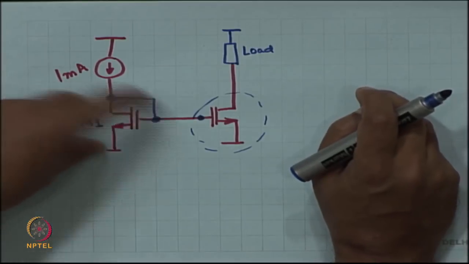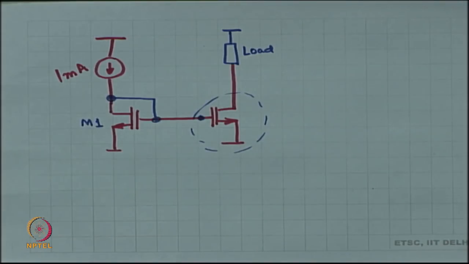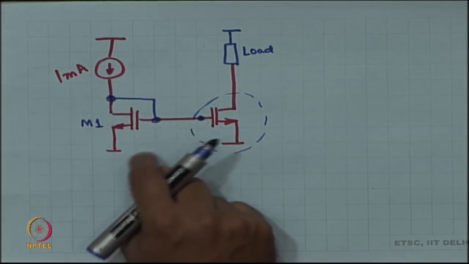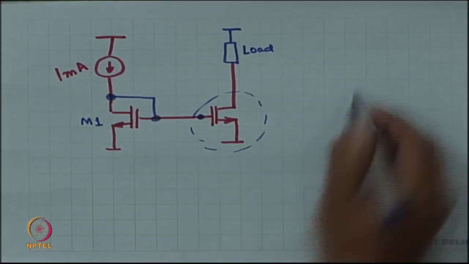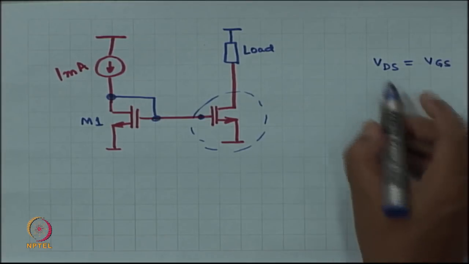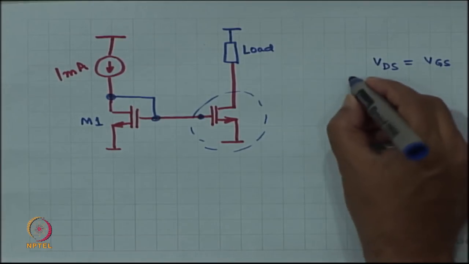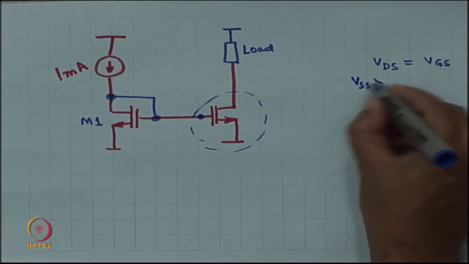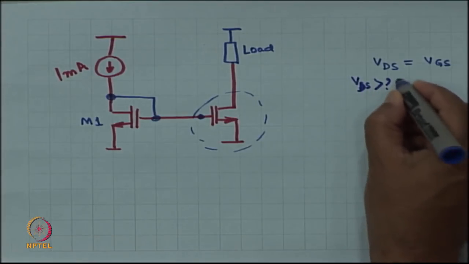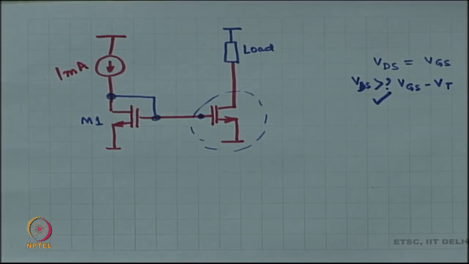VDS of M1 is equal to VGS of M1. VDS is equal to VGS, and this automatically means that this device M1, right, this automatically means VDS is greater than VGS minus VT. The answer is yes, because VT is some positive voltage, and if VDS is equal to VGS, then you are done.